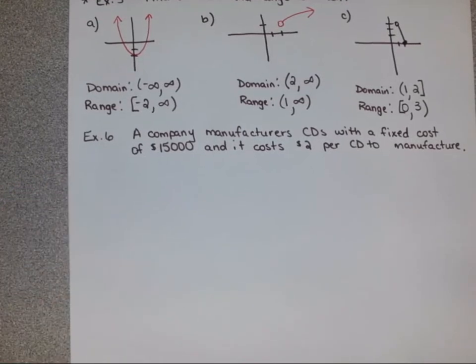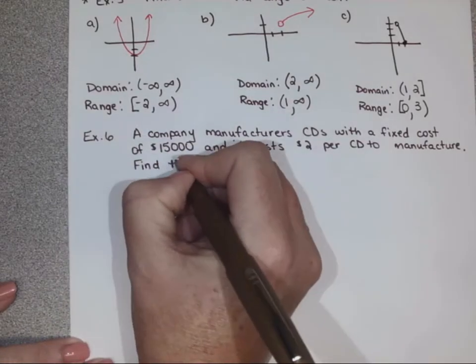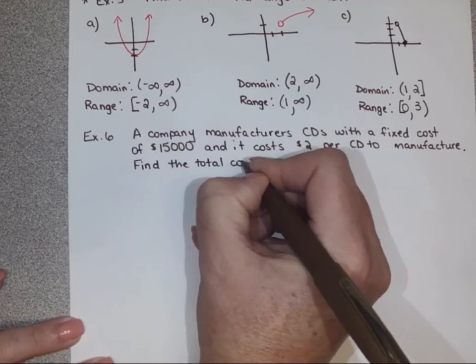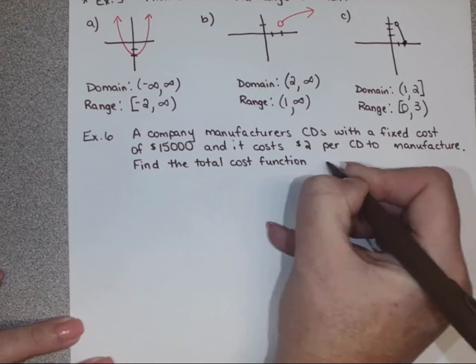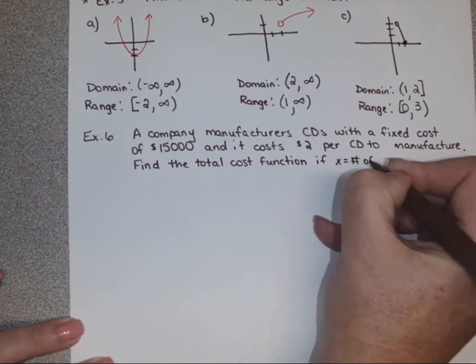All right, so let's say a company manufactures CDs with a fixed cost of $15,000, and then it costs $2 per CD to manufacture. So we'll look at all those details in just a minute, but what I want you to do is find the total cost function if x equals the number of CDs.